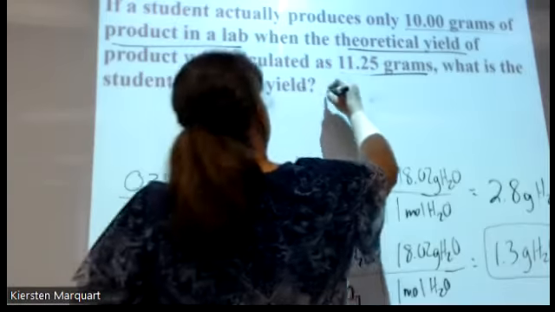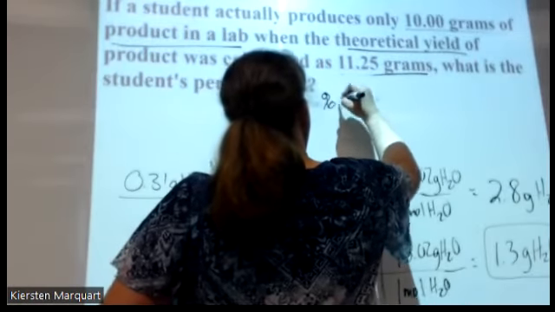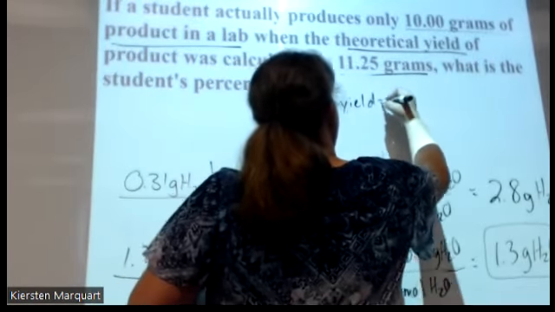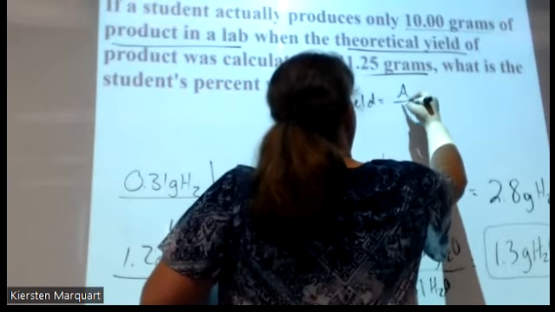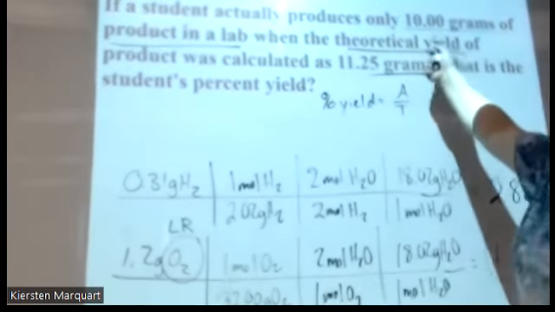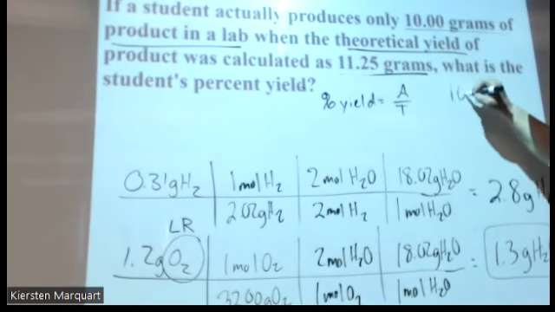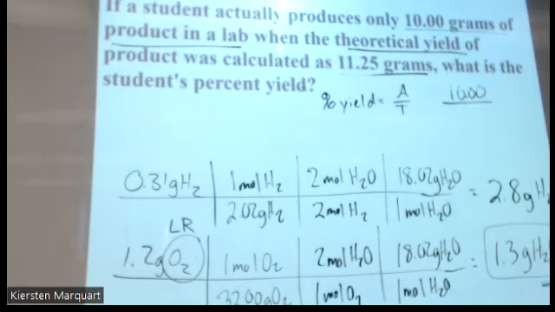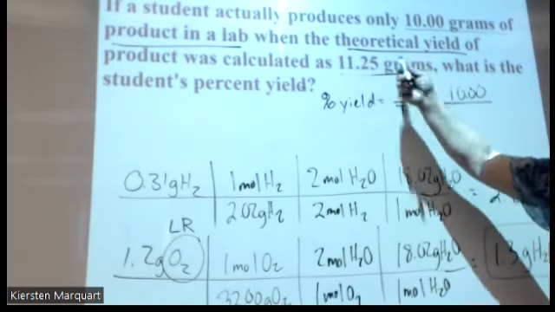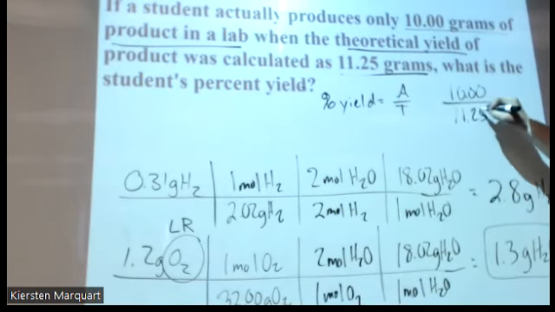We know that percent yield is equal to actual over theoretical. In this case, you actually produced 10 grams in lab, but the theoretical yield was calculated to be 11.25.